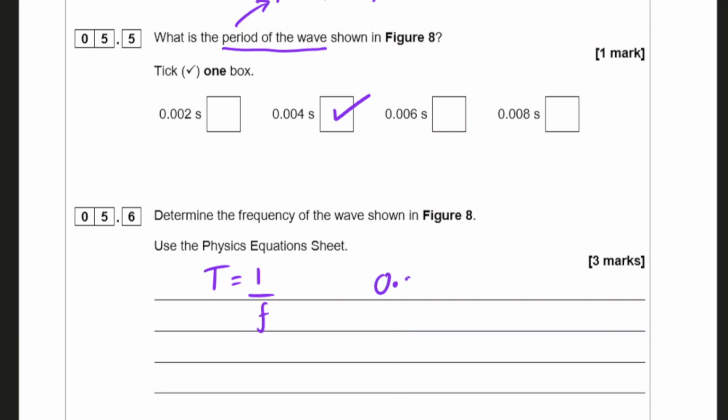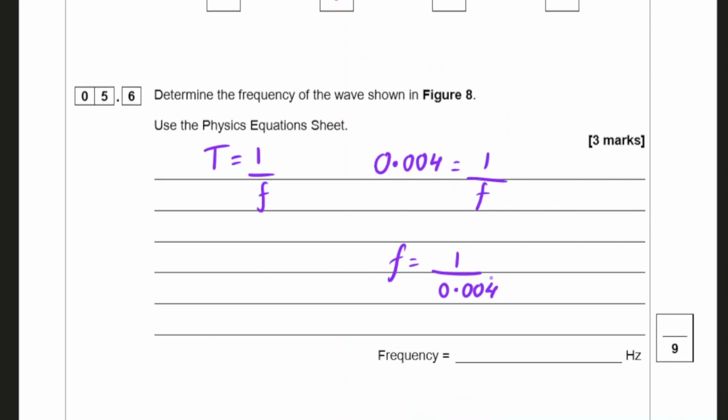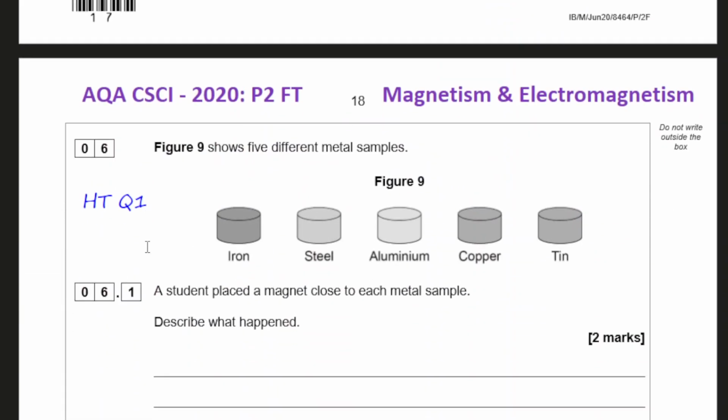So 0.004 equals 1 over the frequency. So frequency equals 1 over 0.004, and that gives me 250 hertz. That's the end of question number 5, and question number 6 is on the topic of magnetism and electromagnetism.